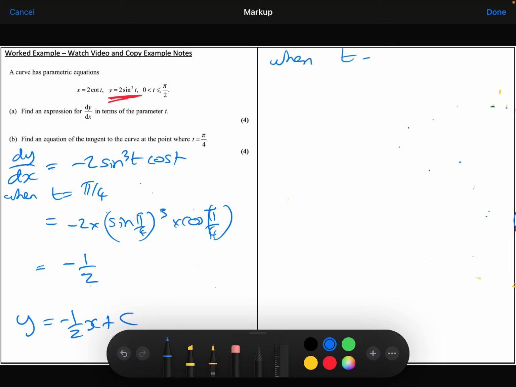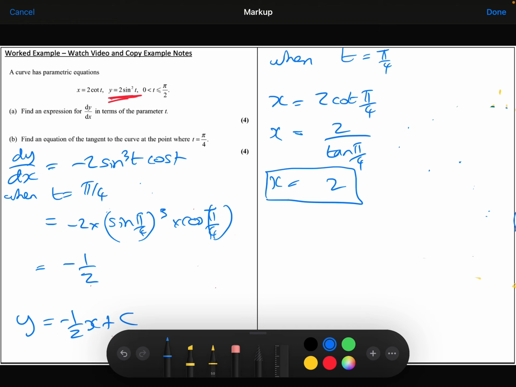So when t equals pi over 4, x is equal to 2 cot pi over 4, which is the same thing as 2 over tan pi over 4. Tan pi over 4 is 1, so 2 over 1 is 2. Now substitute the pi over 4 into the y equation.